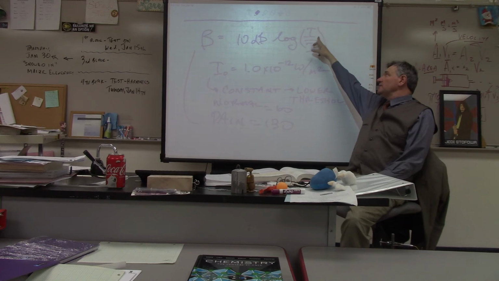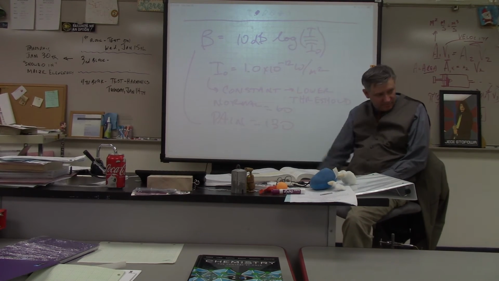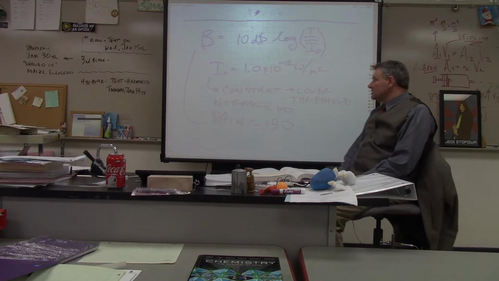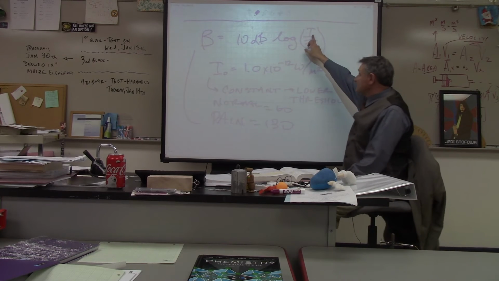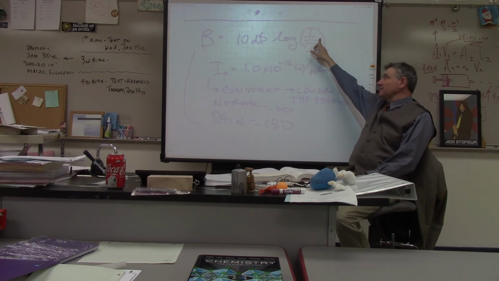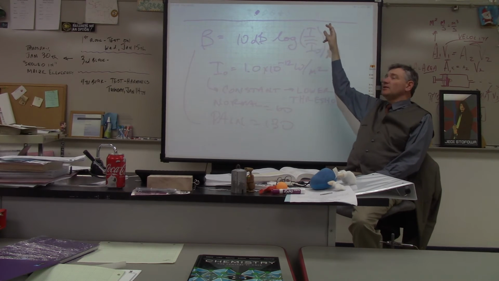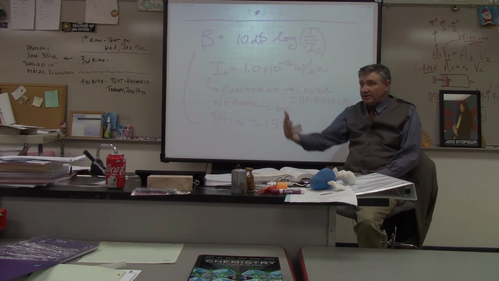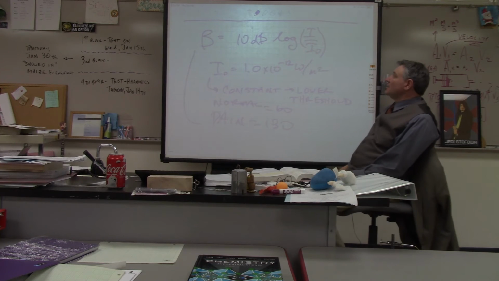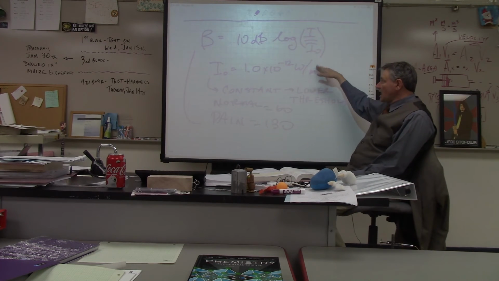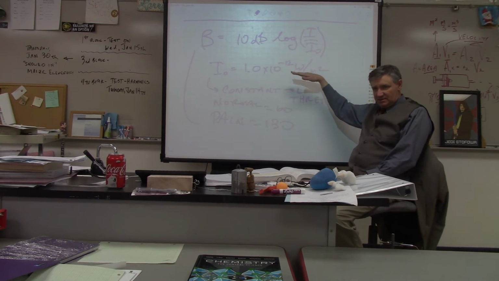So I is the intensity of what you're actually hearing. Clearly, as this intensity becomes bigger and bigger, you're taking the log of a bigger and bigger number, so the decibels are going to go higher and higher, right? I naught will never change, it's the constant.